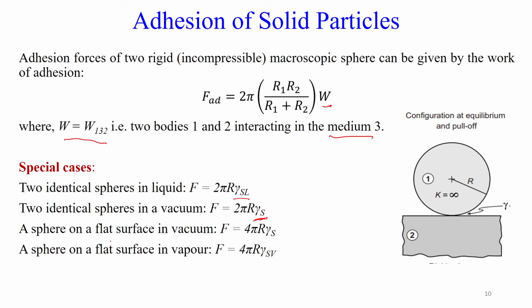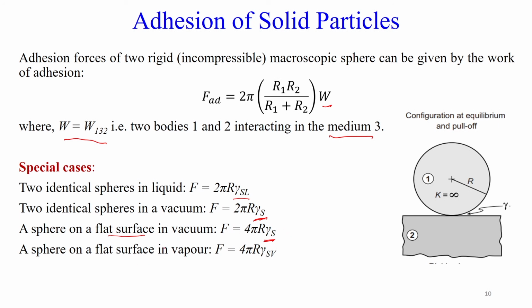If they are interacting on a flat surface, the surface work of adhesion will be twice the surface tension, so it will be 4 pi r gamma solid vapor, or you can say surface tension of solid and vapor in the vacuum.